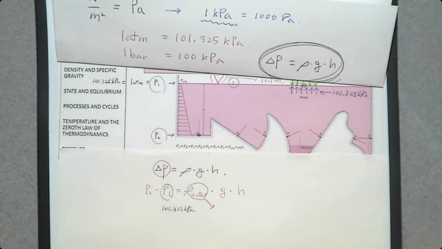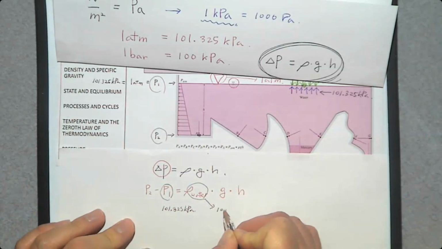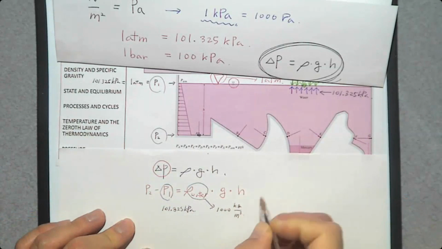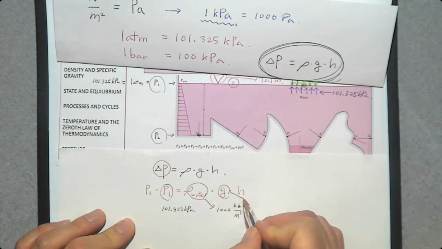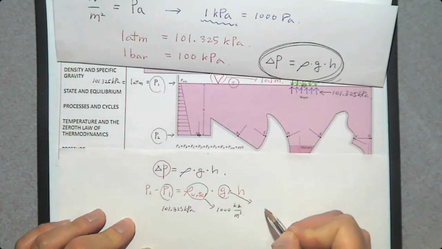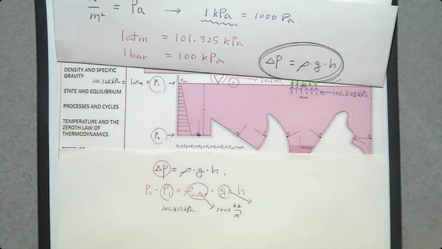What is the density of water? We studied that when we studied specific gravity, right? 1,000 kilogram per cubic meters. What about gravity? It depends on location, whether we are on the Earth or on the Moon or Mars.